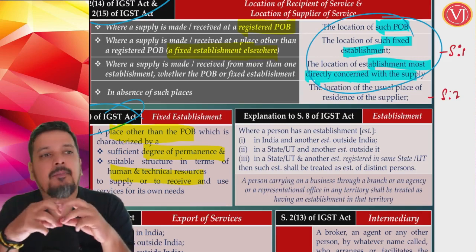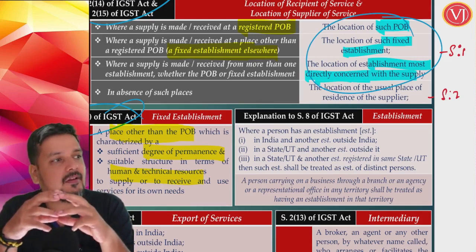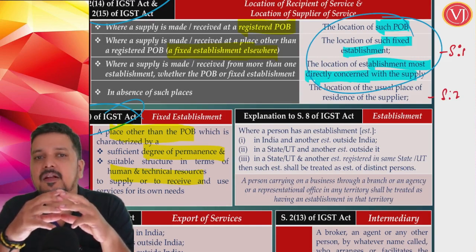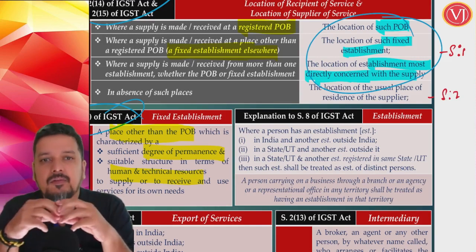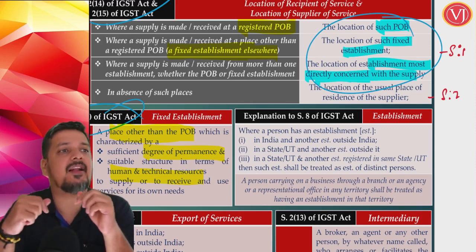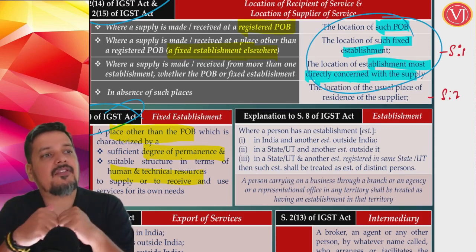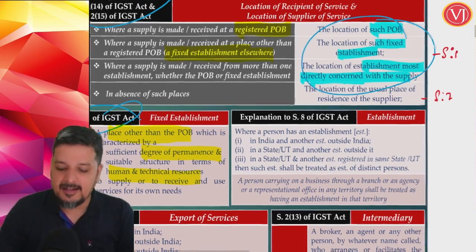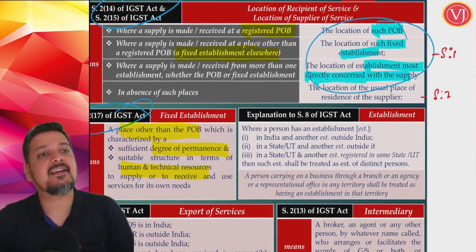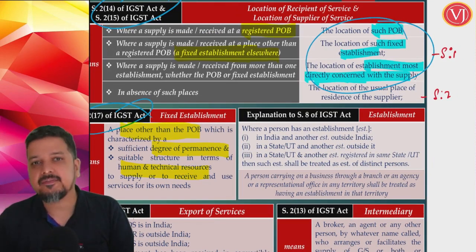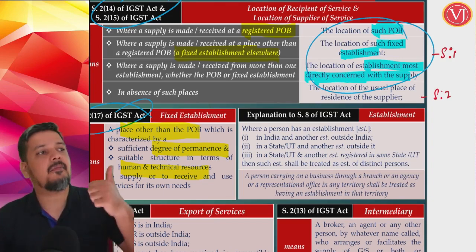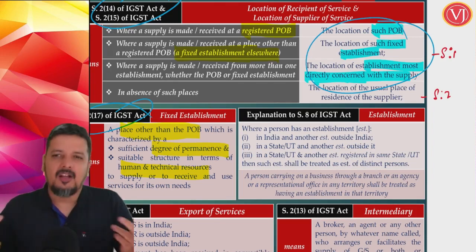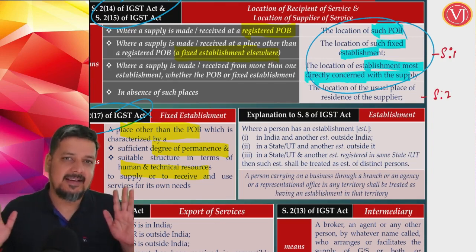If my team of Bangalore is giving that service, Bangalore. If my Coimbatore team is giving that service, Coimbatore. Which is most directly concerned or connected. It is neither the main registered place of business nor the fixed establishment, whichever is most directly concerned.